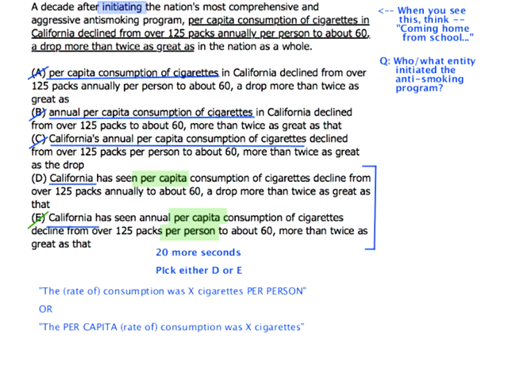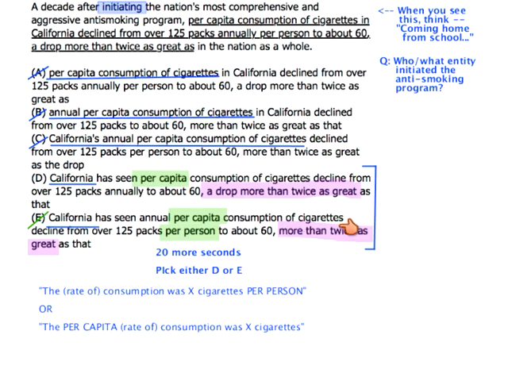So let's talk about this. The other difference between these two choices is the way they express that part. So in choice E, this actually creates 2 issues. The first issue is that we're talking about the delta. It should be clear from context, because we're talking about initiating an aggressive anti-smoking program.